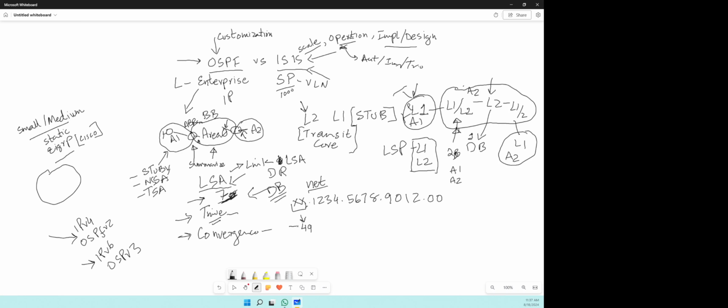So ISIS is not used as interdomain routing. So now this is a private addressing number that ISIS uses, and that's how everybody pretty much standardized it. 49 is going to be a standard number, and then after this is usually the area number.